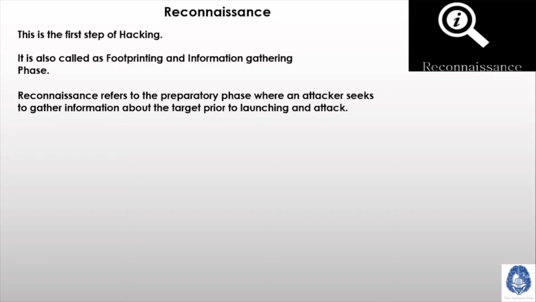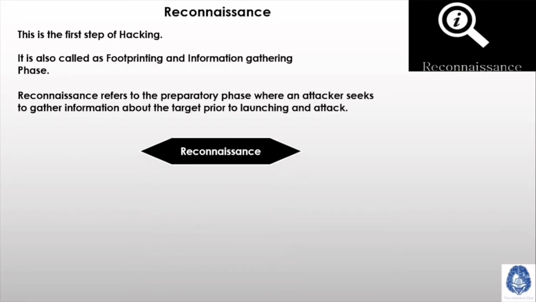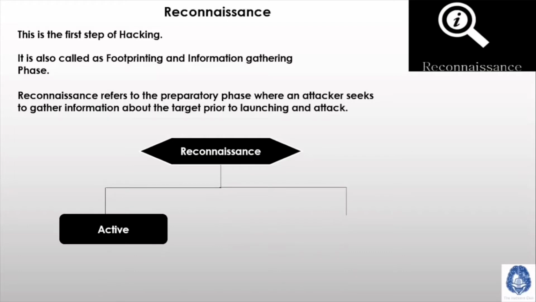The information we can gather: IP address, Whois records, information about ports, which operating system is used, and employee details, email IDs, phone numbers. In reconnaissance, there are two types, that is passive reconnaissance and active reconnaissance.